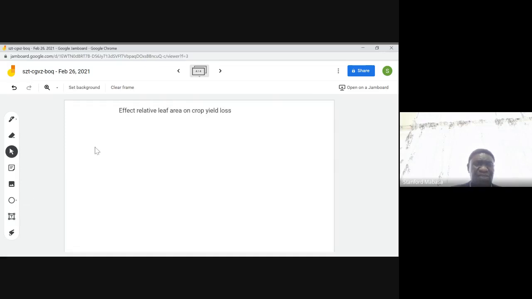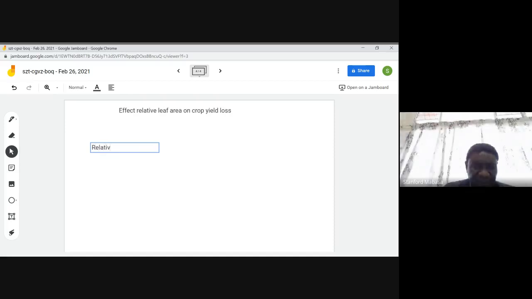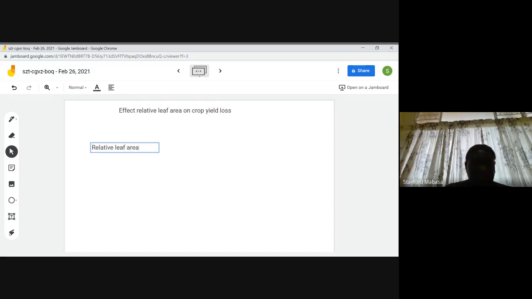So they defined what is known as the relative leaf area.